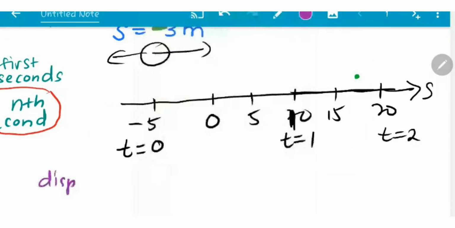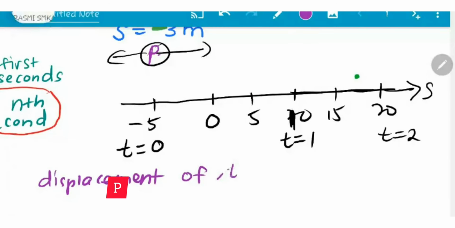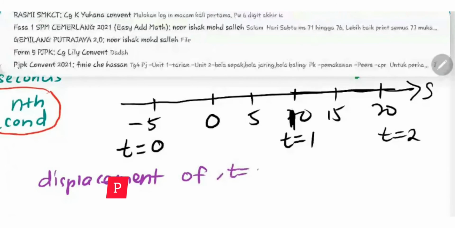displacement of P when t equals 0. Okay. What is your answer?